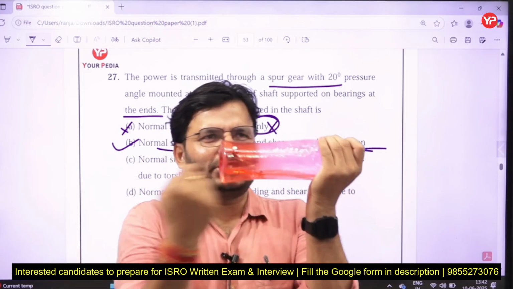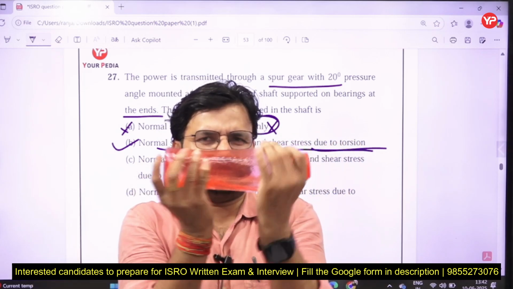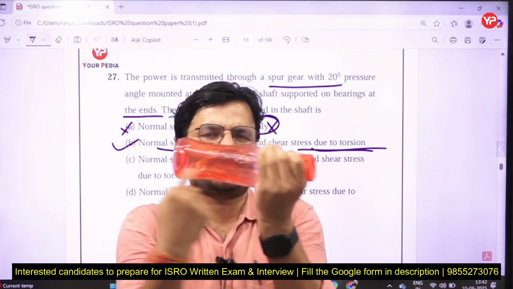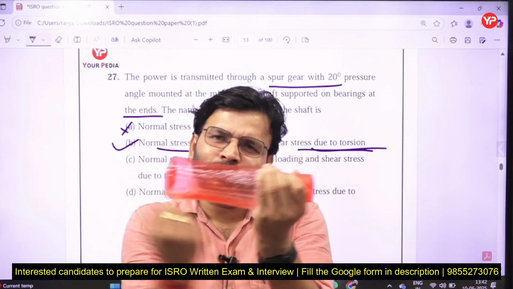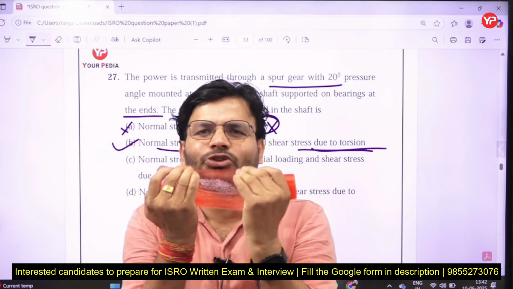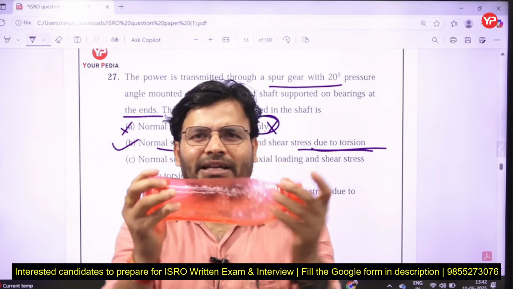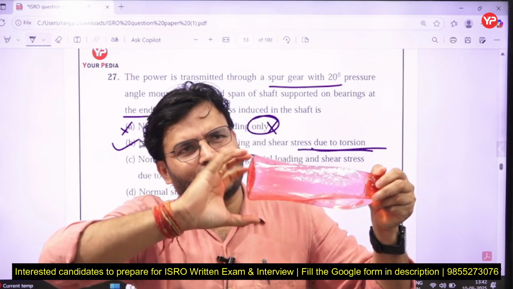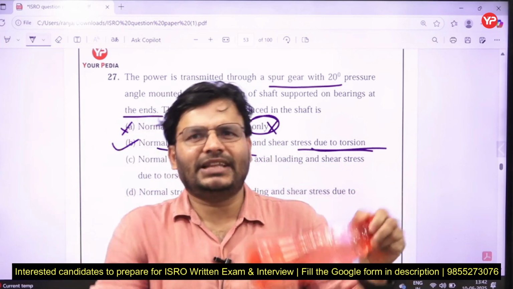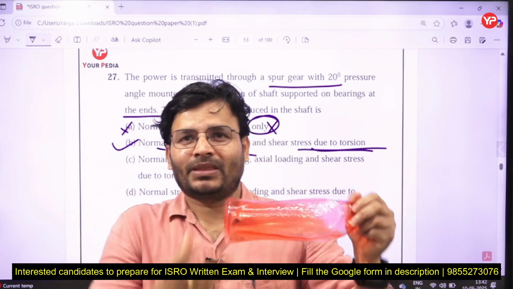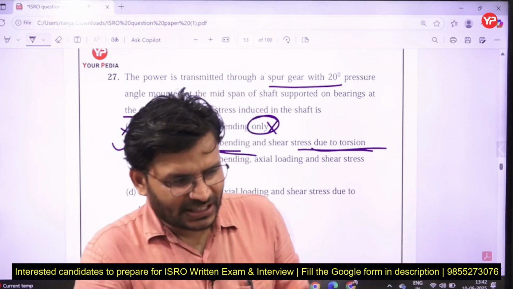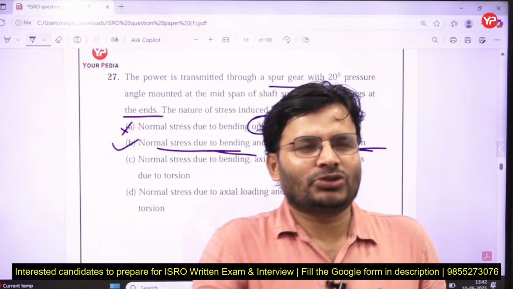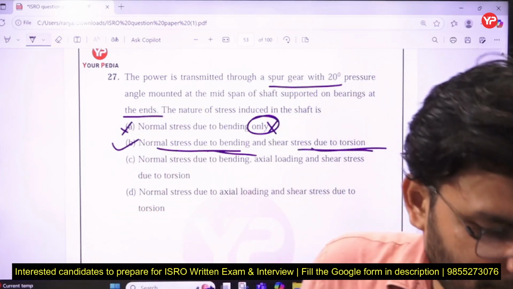But if an equal and opposite couple acts about a longitudinal axis, the result will be bending. If the equal and opposite couple acts over a cross section, the result is twisting. Sometimes this is also asked in interviews, what is the difference between twisting and bending, so you have to answer accordingly, right.